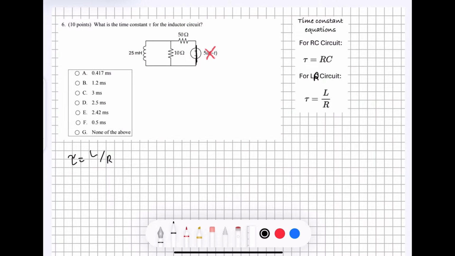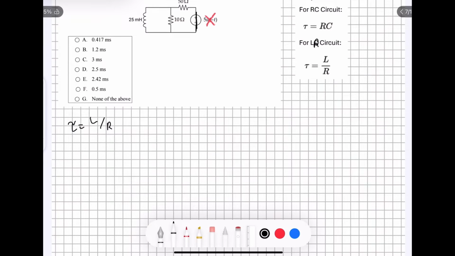These two resistors are in parallel, which means that we can use parallel resistor addition in order to find the equivalent resistance, and the equation for that is 1 over the equivalent resistance is equal to 1 over R1 plus 1 over R2 plus however many resistors you have in parallel with each other.